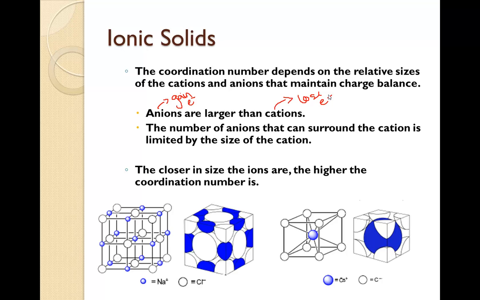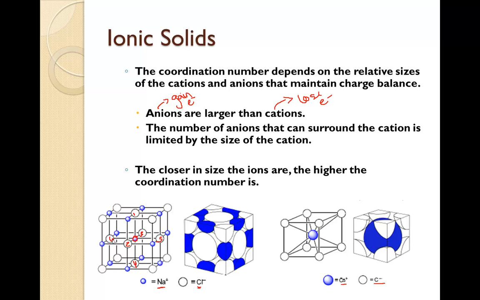So if we take an example of sodium chloride and cesium chloride. Sodium is right here. It has 1, 2, 3, 4, 5, 6 atoms around it.